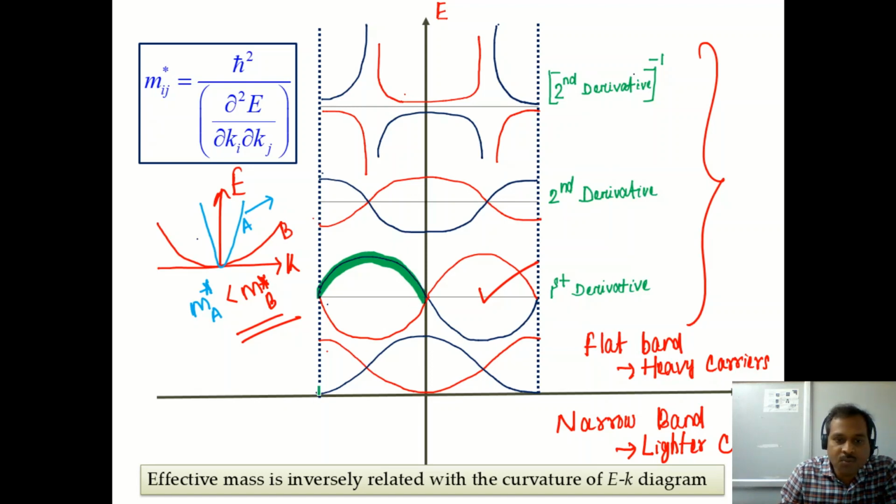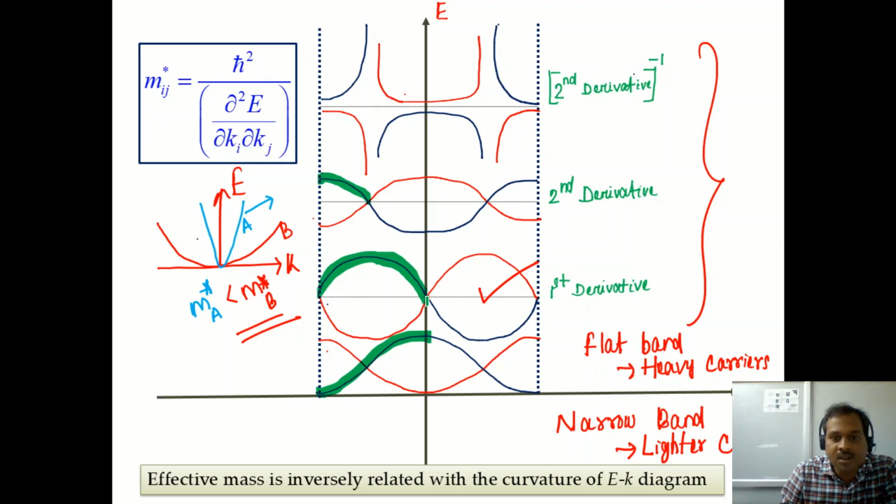This is the slope corresponding to this part. At this point, it has the highest slope. So we start from here, and the slope is gradually decreasing, becoming 0 at this point, and then again it is negative, and gradually it is increasing and again becoming maximum at this point.